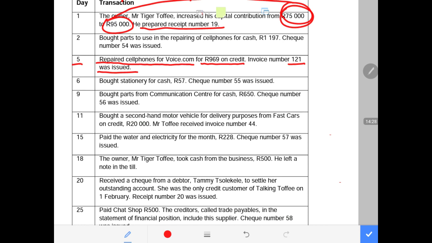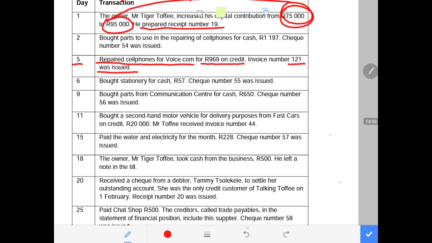Remember, our main business is to repair cell phones. And whenever we repair a cell phone, that is an income to us, because we make income by repairing cell phones for our clients or our customers, but the repair was done on credit.